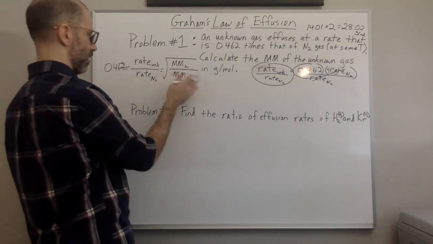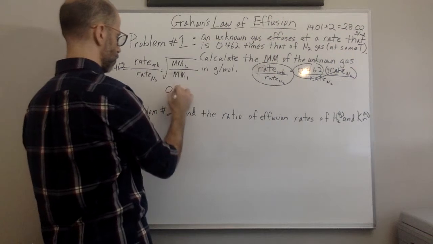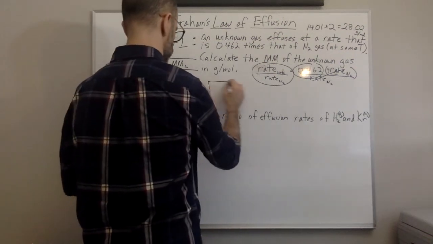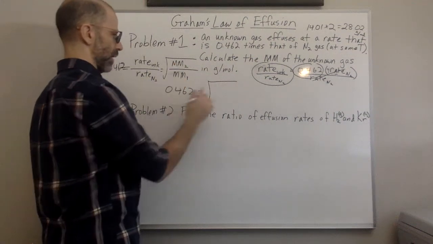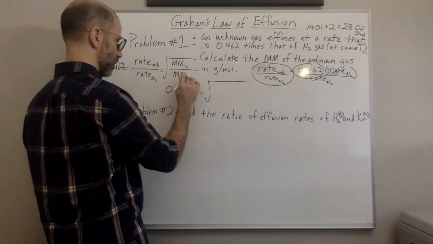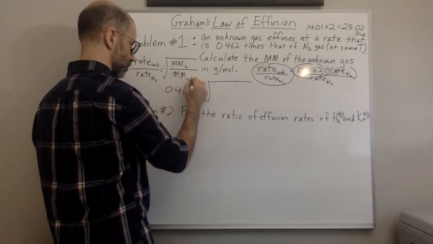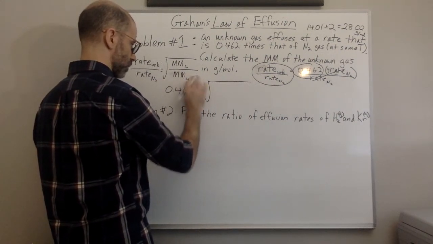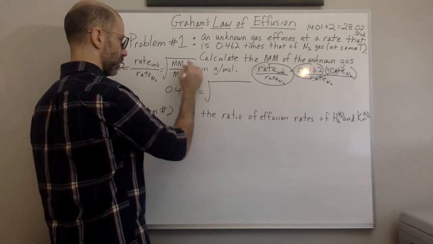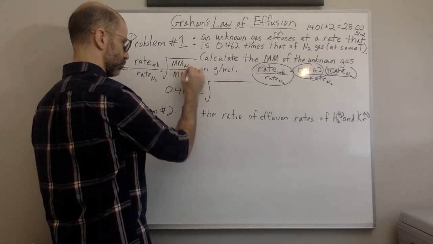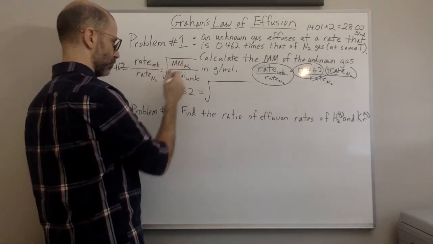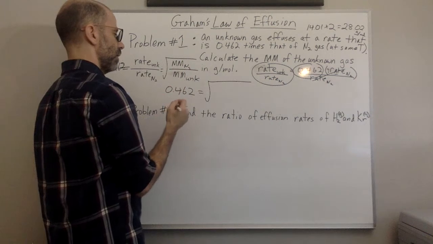Now I can replace this. 0.462 is equal to the square root, and then I put in the molar masses. The unknown molar mass is on the bottom and the molar mass of N2 is on top, because they're reciprocals, so they switch.